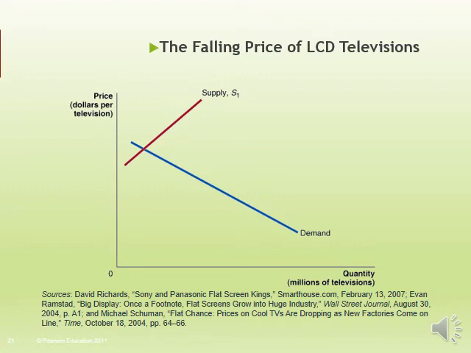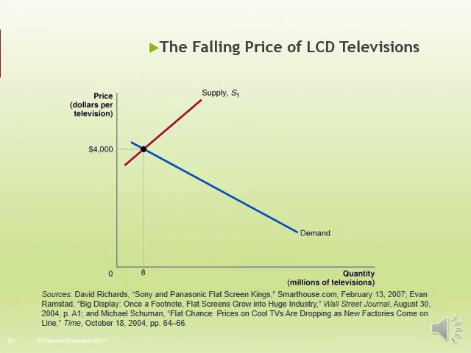Now, this is what happened with the LCD market for televisions. You can see there the demand curve for price, and you can see the supply curve and the quantity of televisions being consumed or purchased around the world. So initially, this is way back in around 2004, flat screen TVs were just becoming a thing, and they were really expensive.